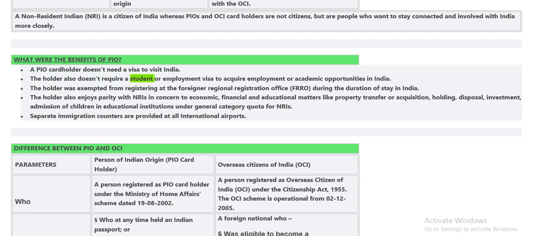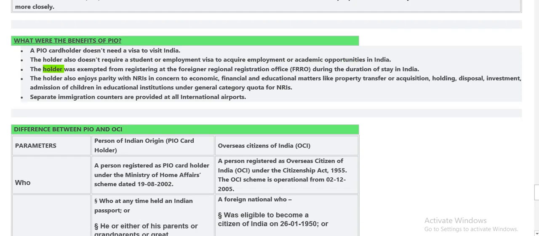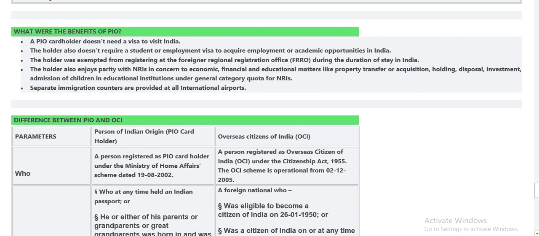What were the benefits of PIO? A PIO card holder doesn't need a visa to visit India. The holder also doesn't require a student or employment visa to acquire employment or academic opportunities in India. The holder was exempted from registering at the Foreigner Regional Registration Office, FRRO, during the duration of stay in India.